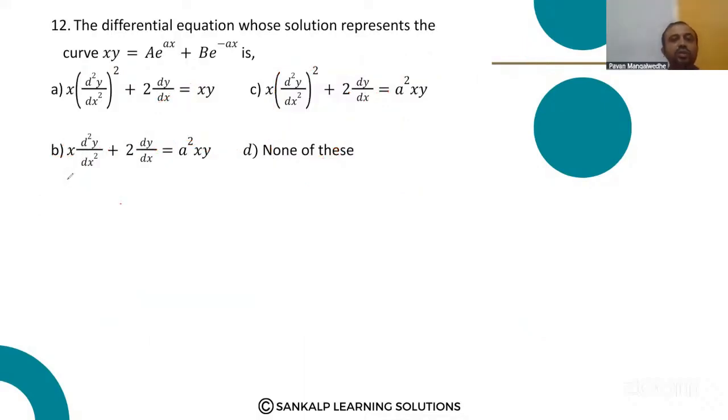The differential equation whose solution represents the curve xy is equal to a into e raised to ax plus b into e raised to minus ax is what? Option A, option B, option C, option D are given. Just try to find the answer for this.